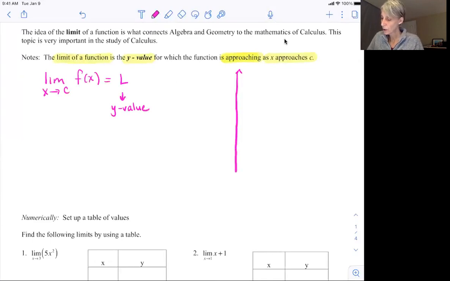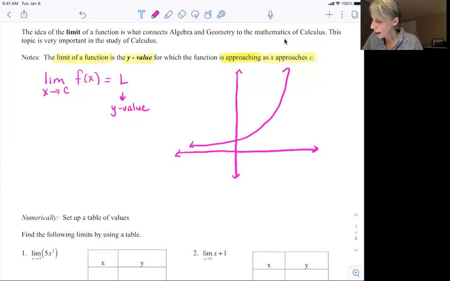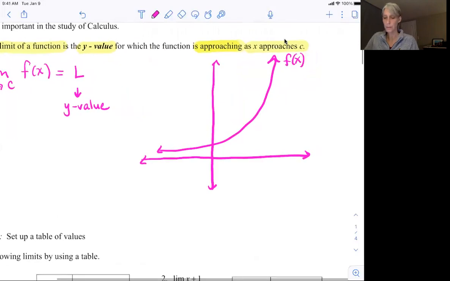And I usually include, when I introduce this unit, a little graphical representation. So that's going to be my function. That can be anything. This is just our general function.